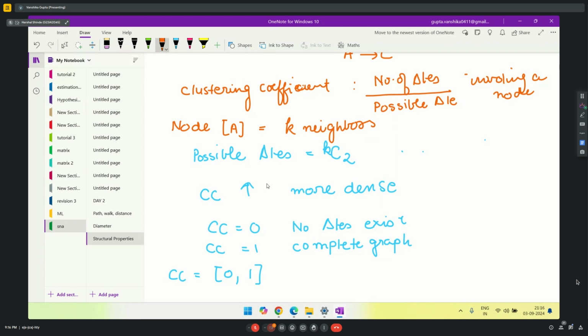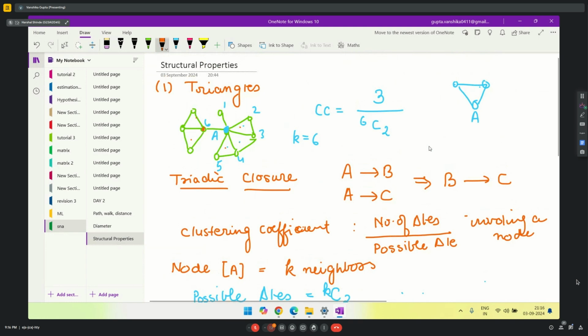Vanshika, we calculate this clustering coefficient at the node level, right? Actually, I'll come back to this topic later on, because here we are talking with respect to triangles. When I come back to this clustering coefficient, I'll talk with respect to nodes when triangles do not exist.